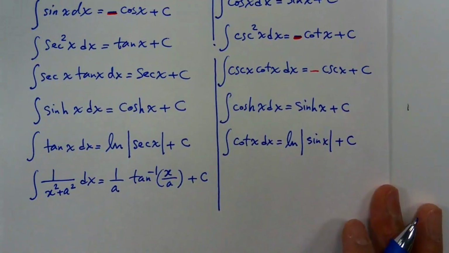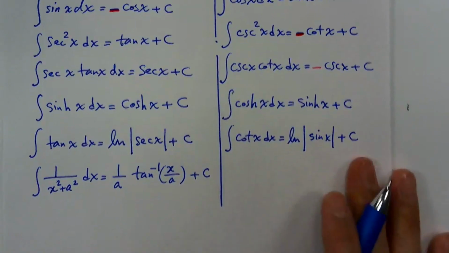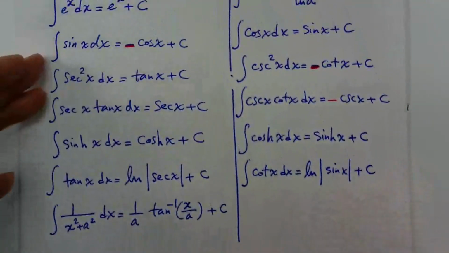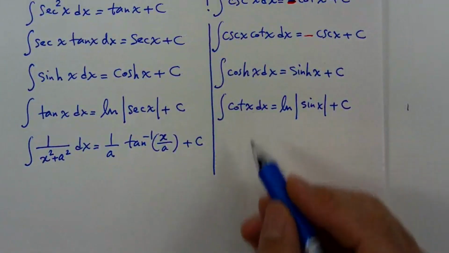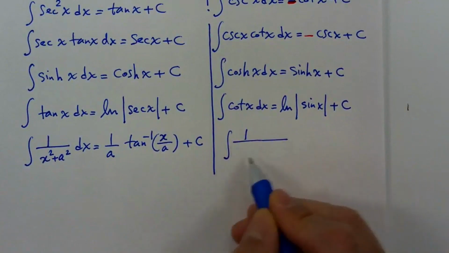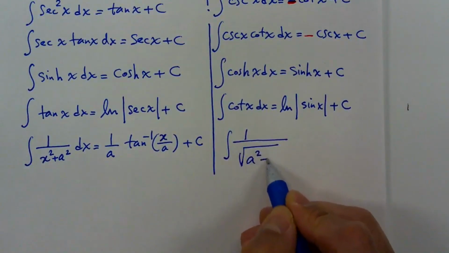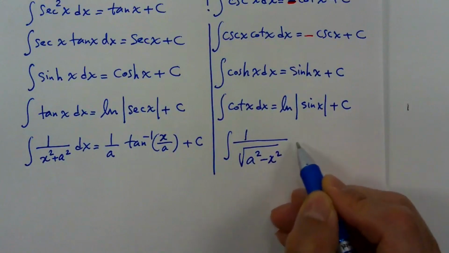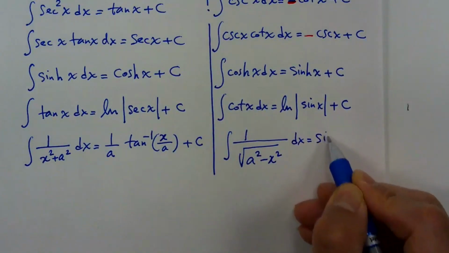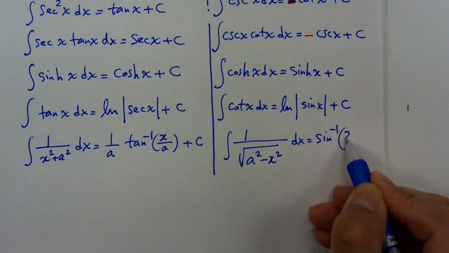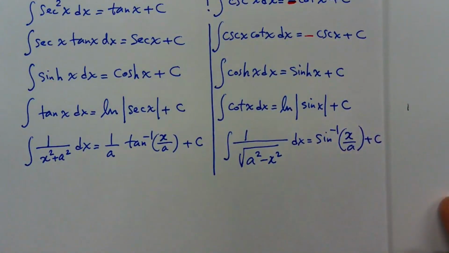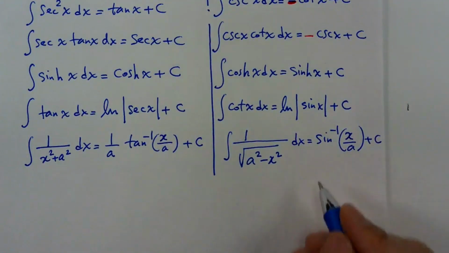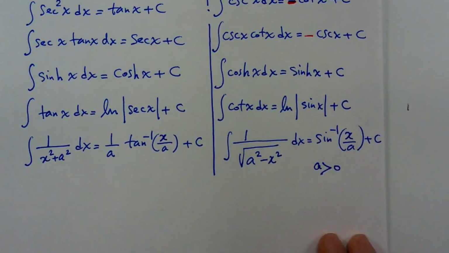And one last one that is also useful would be the integral of 1 over the square root of a squared minus x squared dx, which is equal to the inverse sine of x over a plus c, and we know that a is greater than 0.